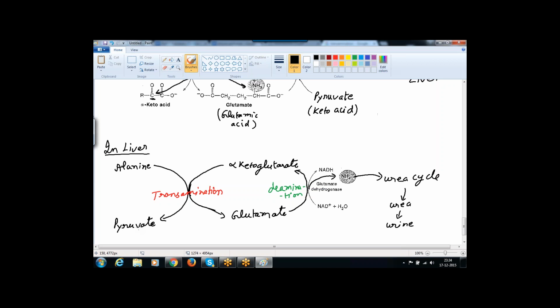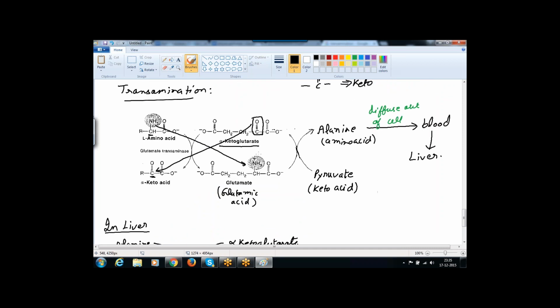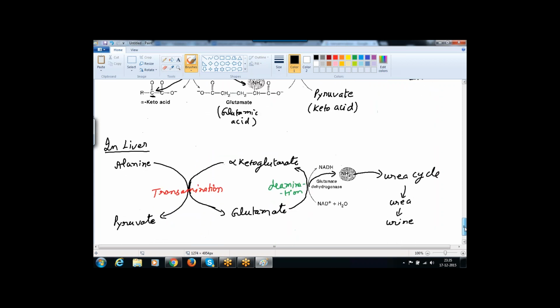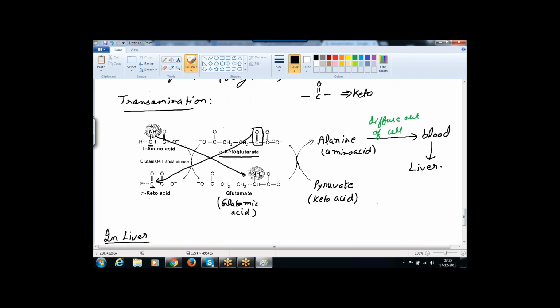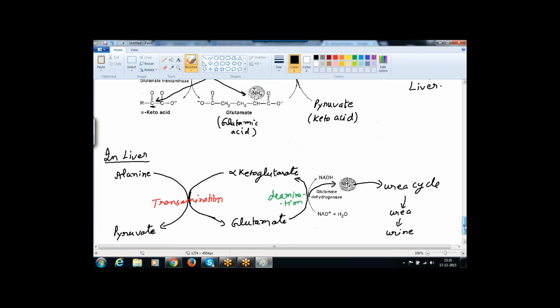This is how the amino acids get rid of the amino group. First, in every cell, wherever the protein breakdown is taking place, they will just transfer the amino group to alpha ketoglutarate, making it glutamate. Glutamate further transfers it to pyruvate, making it alanine. Alanine will come out in blood and reach liver. In liver, the alanine again gives it to alpha ketoglutarate. Just like in every cell, any amino acid can give to the alpha ketoglutarate, similarly here also.